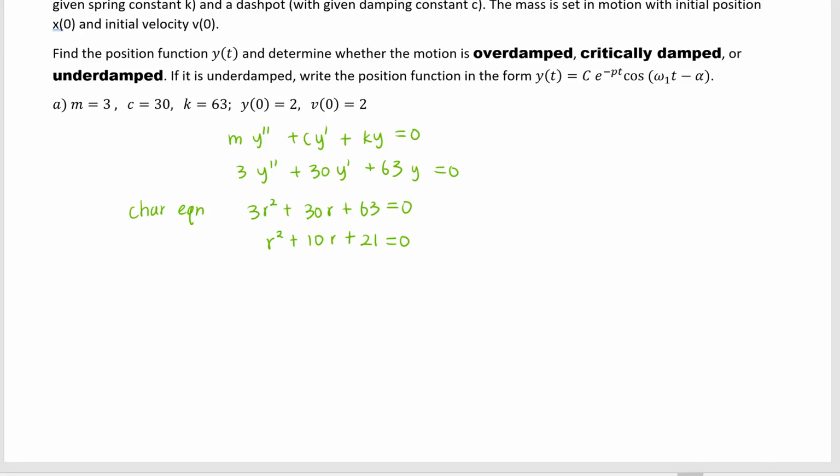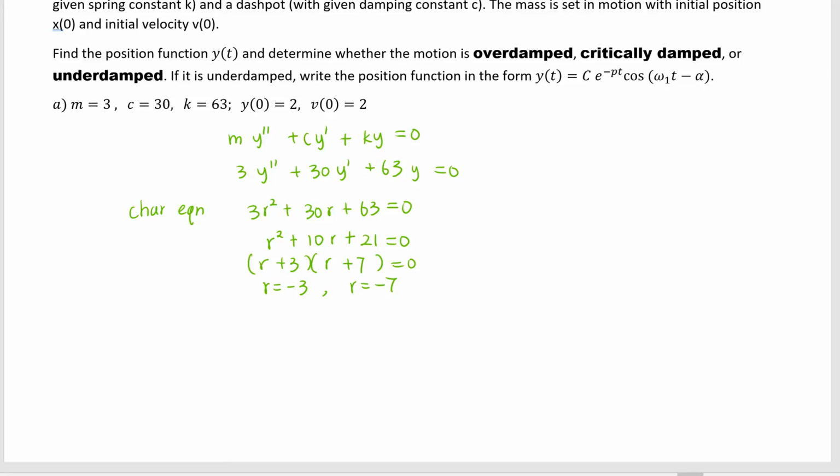Okay, and then can we factor it? Oh, yes. That is 7 and 3. Right? So r is negative 3 and r is negative 7. So for this mass spring motion, your r is always negative if it's real numbers, okay? Or if it's complex numbers, the real part is negative.